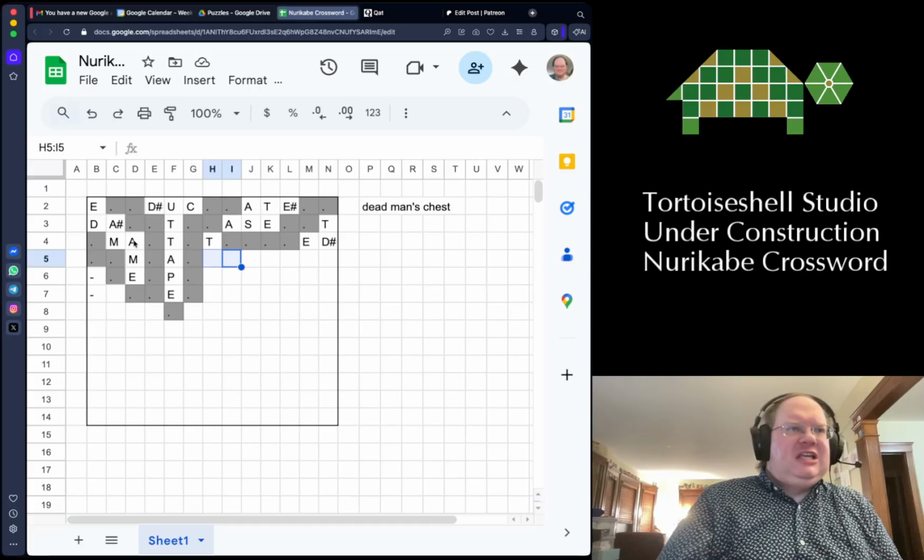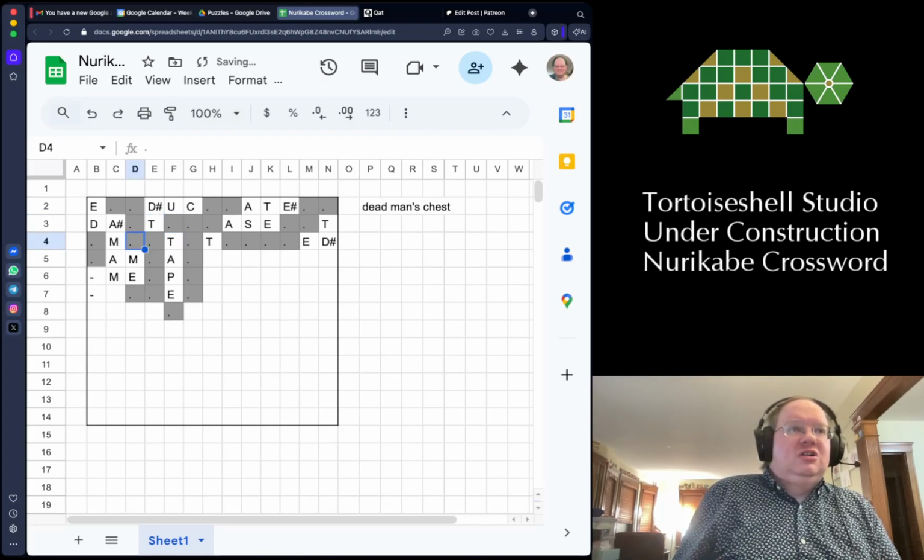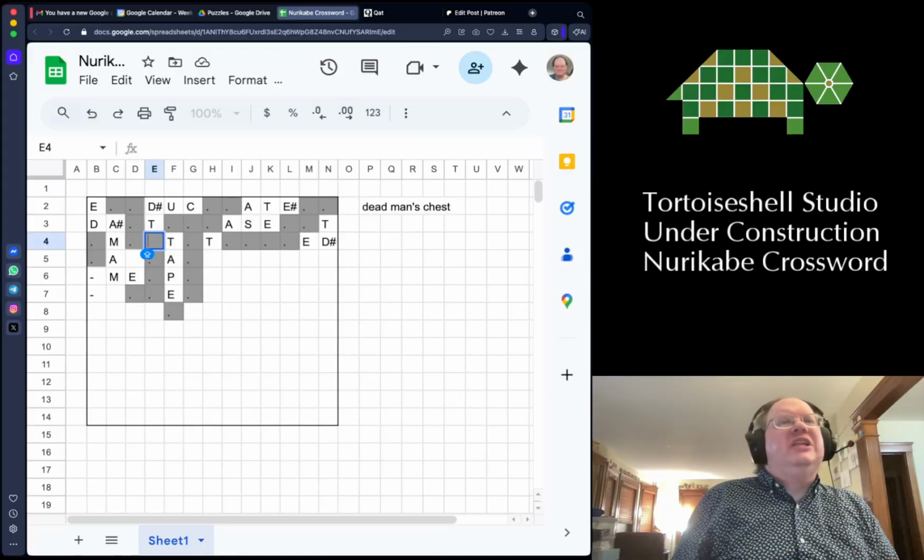But maybe we shift edamame over. And then we shift duct tape over. Ah, no, we needed the MA to get matted.